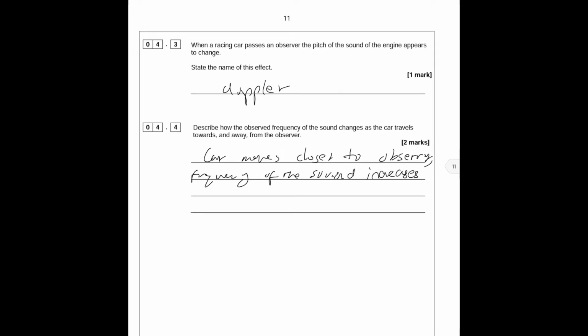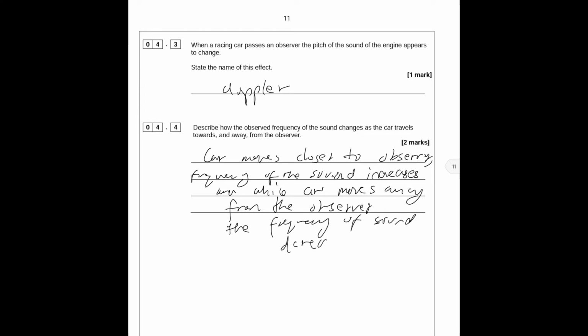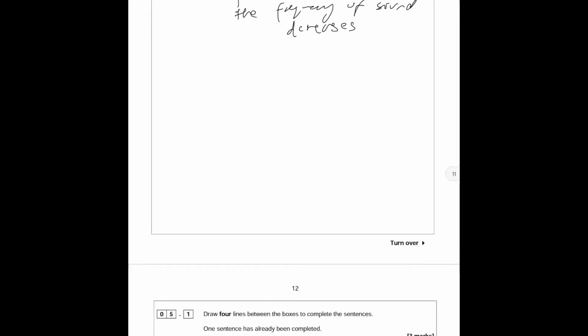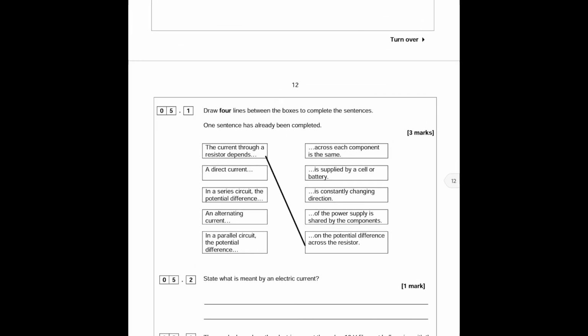Increases is a better word than rises. And while the car moves away from the observer, the frequency of sound decreases. Okay, so there you go, you scored that mark.